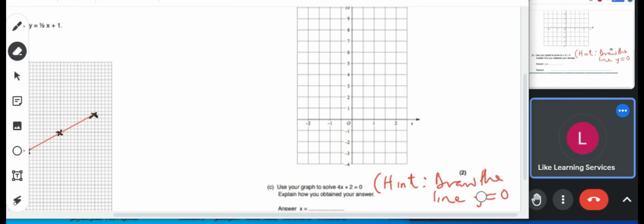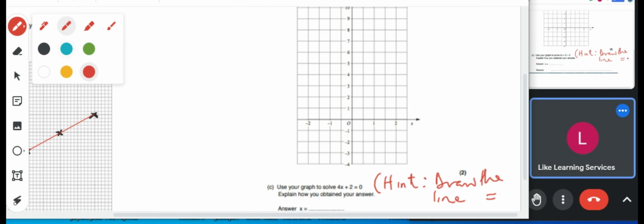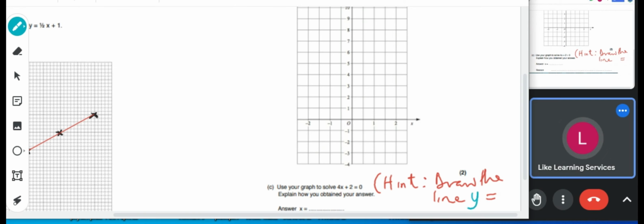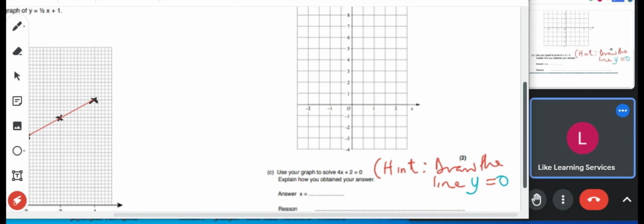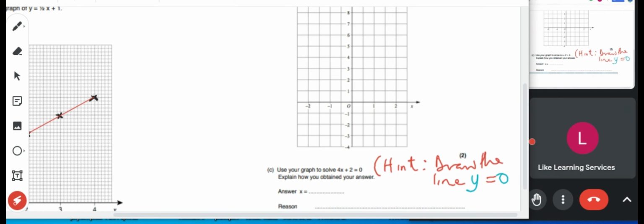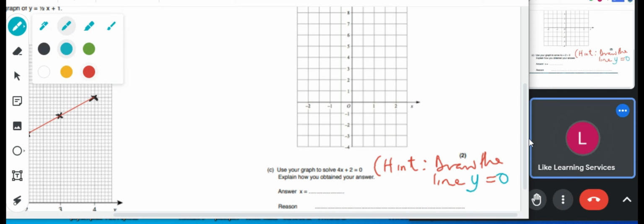And I said the hint you can use is draw another graph. Draw another graph of y equal to 0. Wherever they cross themselves will be the answer. Because this one now is just like the other one I did.